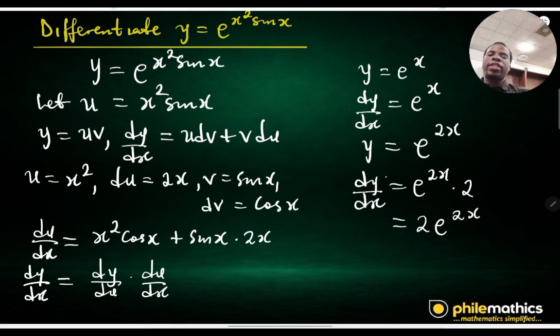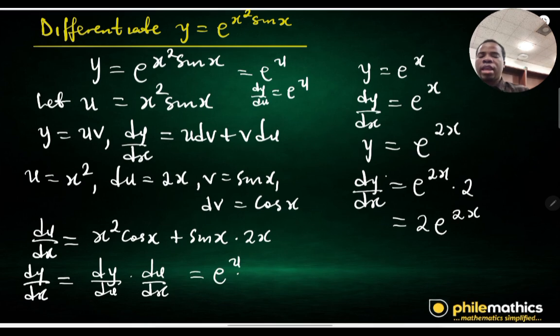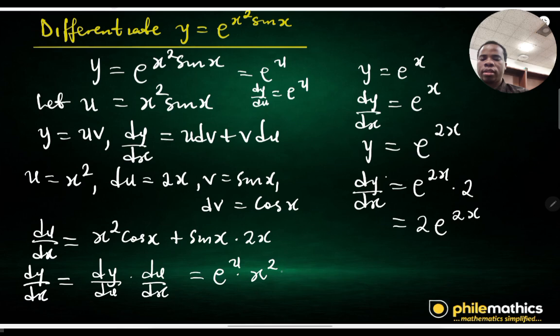Since we call u x squared sine x, this is similar to exponential u, and dy/du is simply exponential u. So this will give us exponential u times x squared cos x plus 2x sine x.